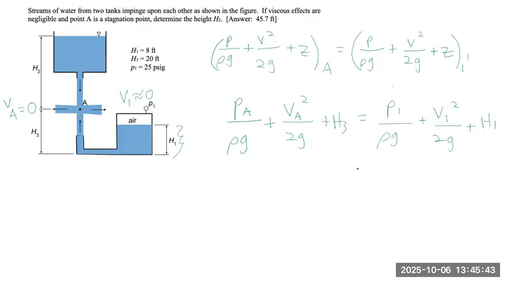So certain things cancel out. As we said, both VA and V1 are 0, so these two go to 0.